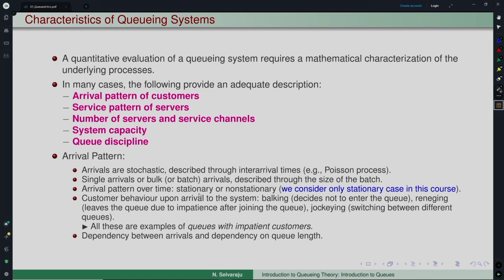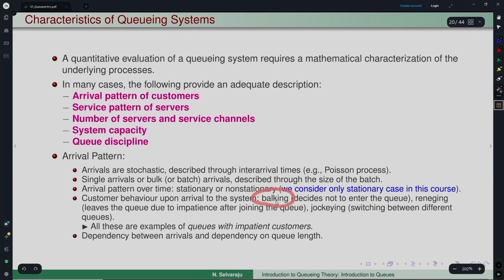Then you have the customer behavior upon arrival to the system. The customer could behave differently when he arrives to get the service. As soon as he comes, he observes the queue, and he sees that there is a long queue waiting, and he says, oh, this is not going to work for me, I am going to quit right away.